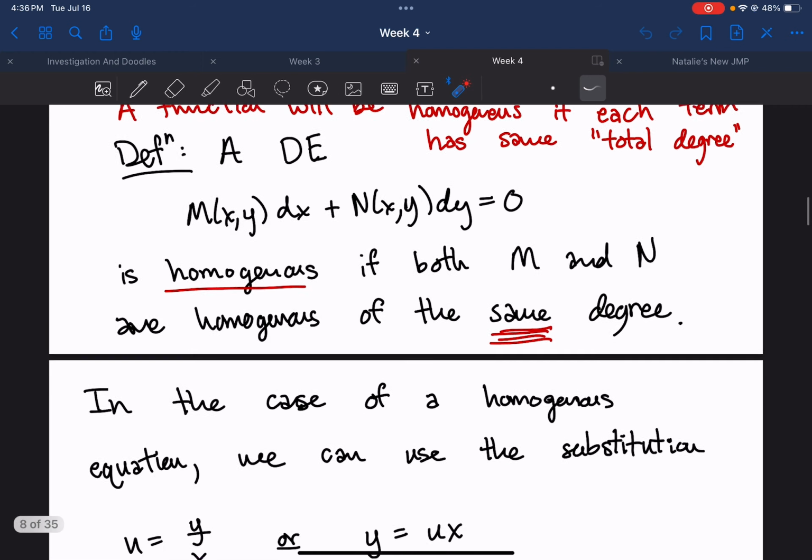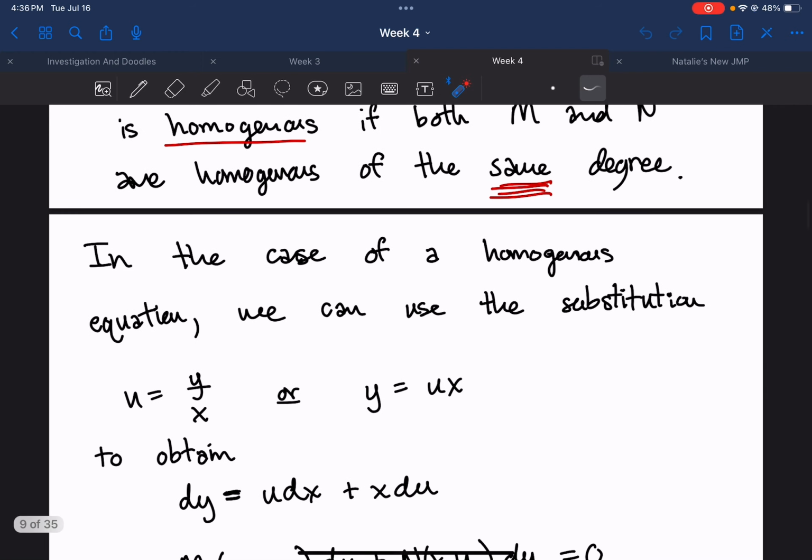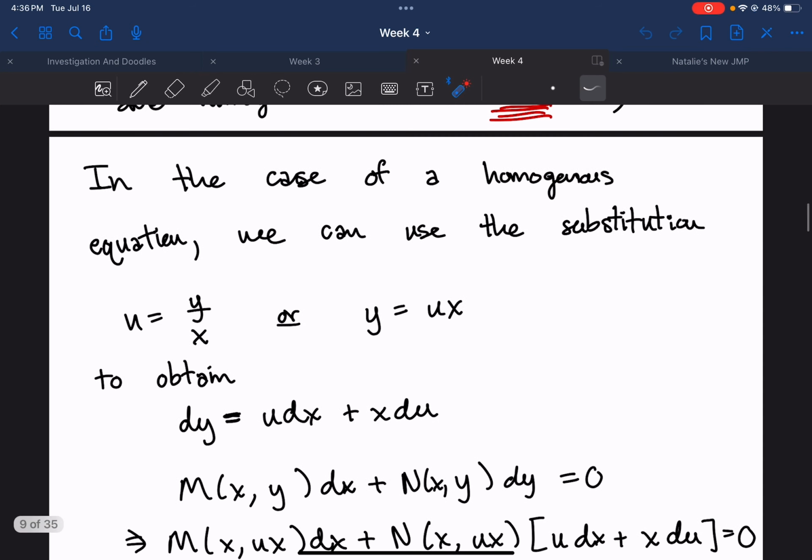Now, if your differential equation is homogeneous, we can use a clever little substitution, u equals y over x, or y equals u times x, to obtain dy equals u dx plus x du.